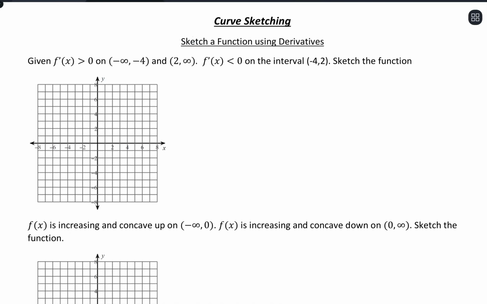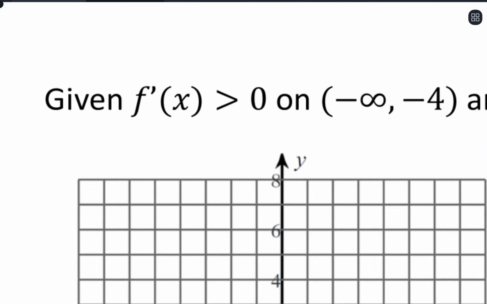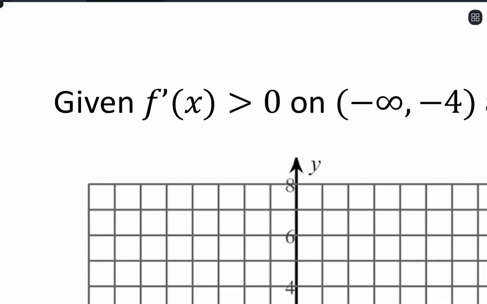All right, so given f prime of x is more than 0, and what helps me is when I see that the derivative function is more than 0, that means we're increasing. So again, first derivative tells us about increasing, decreasing.